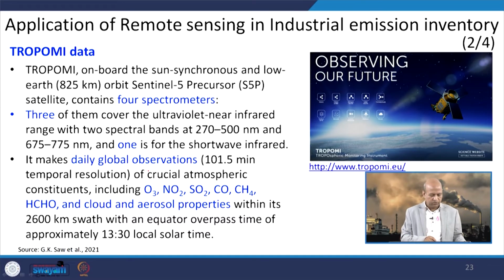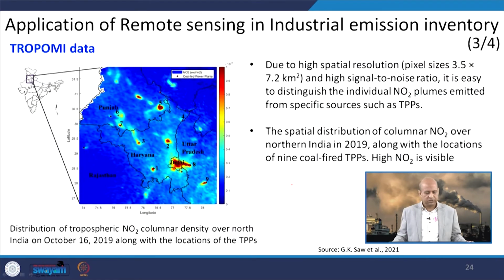It can be used for ozone, NO2, SO2, CO, CH4 and then HCHO, cloud and aerosol properties, with a 2600 kilometer swath it can easily cover, overlapping the equator, and approximately around 1330 local solar time is when it gives the data basically.